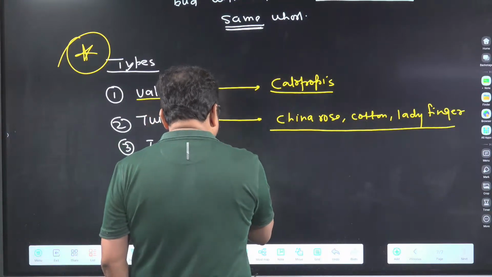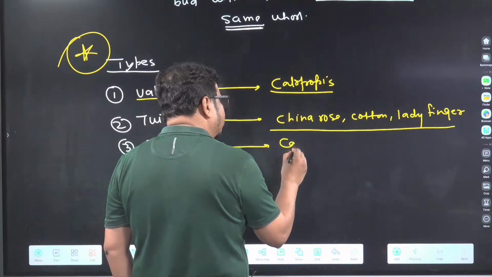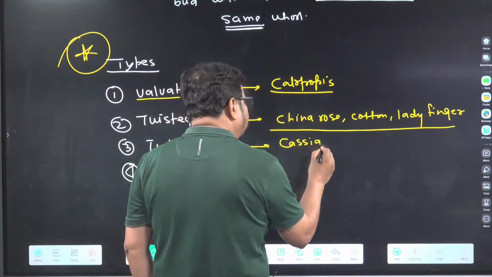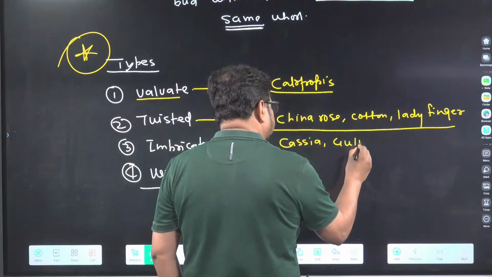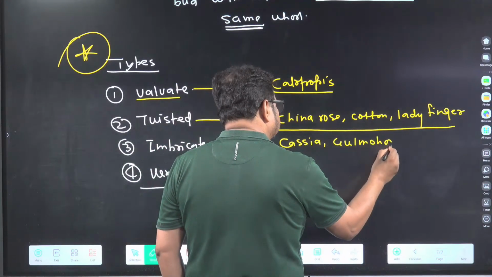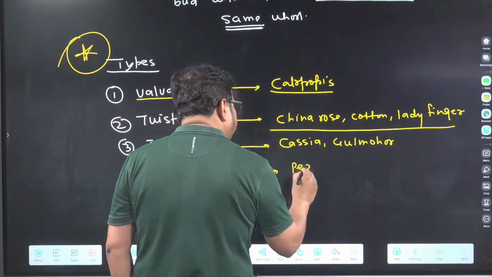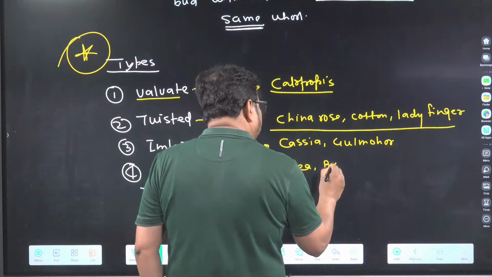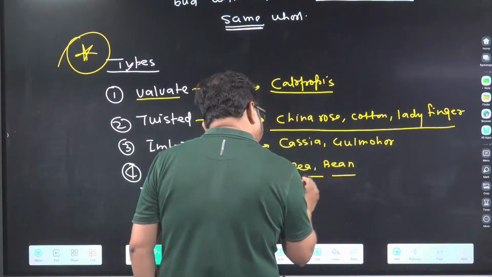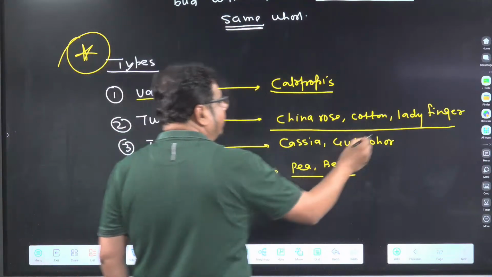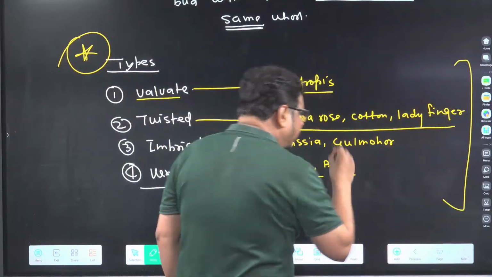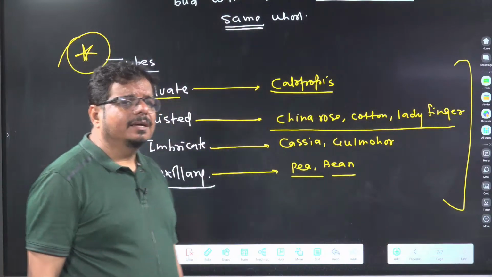Now, imbricate examples are cassia and gulmohar. And what are the examples of vexillary? Pea and bean. One area we have seen, naming an example, but another area is the arrangement.